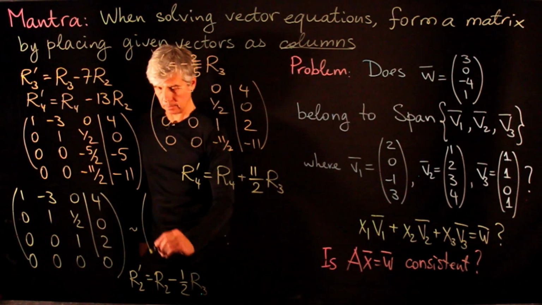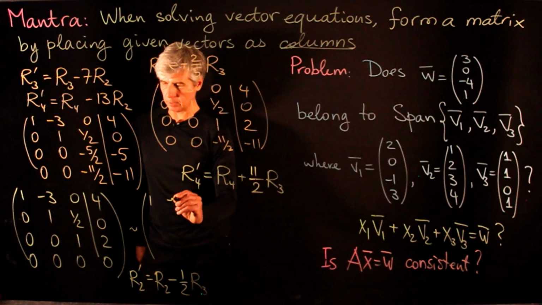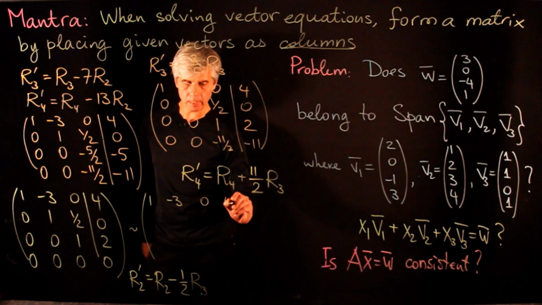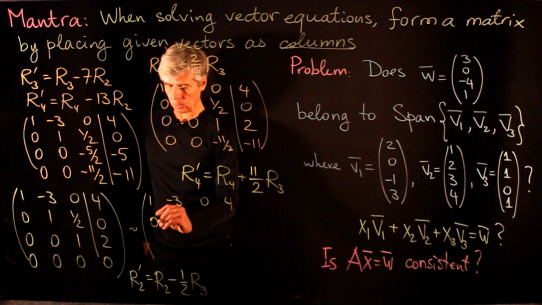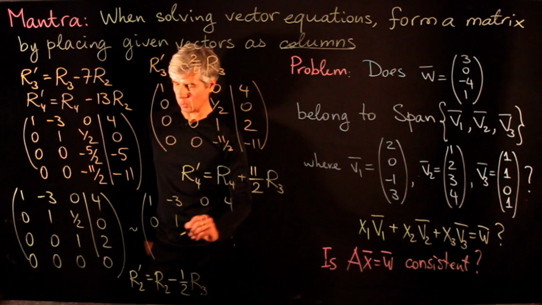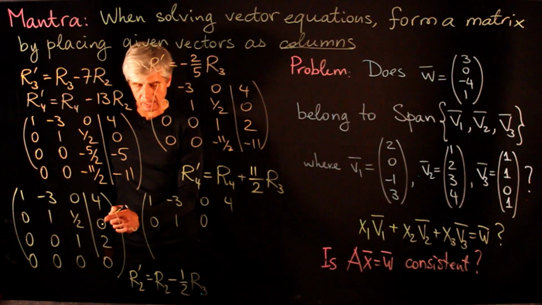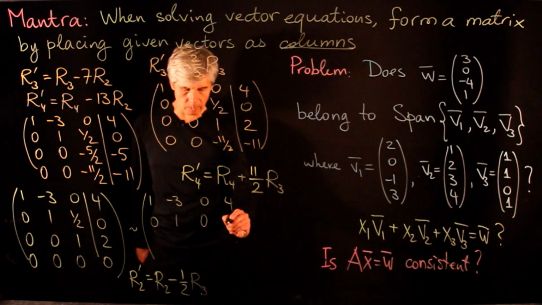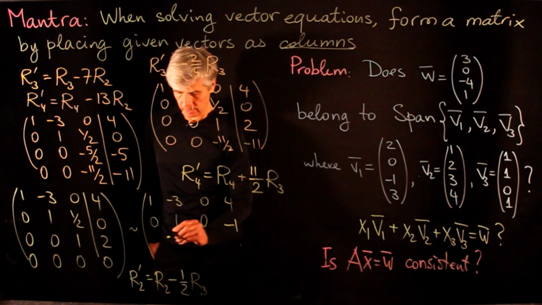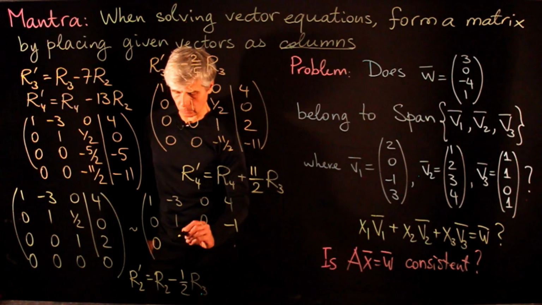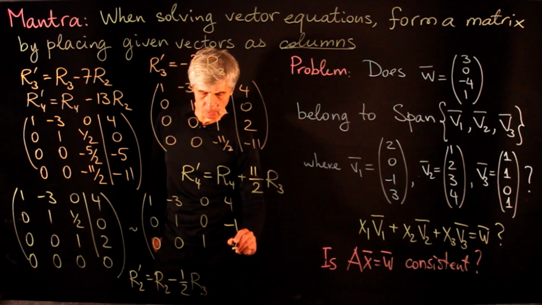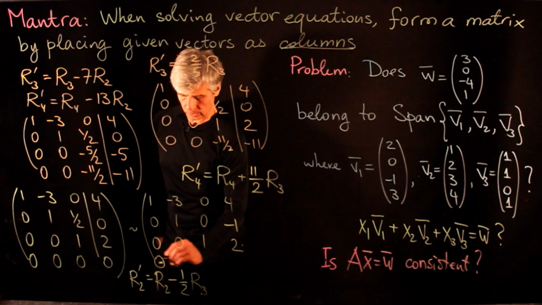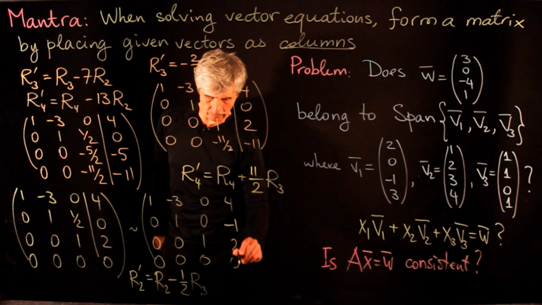So then the new matrix is 1, negative 3, 0, 4, 0, 1, 0, and then 0 minus 1 half of 2. So that's minus 1, and 0, 0, 1, 2, 0, 0, 0, 0.